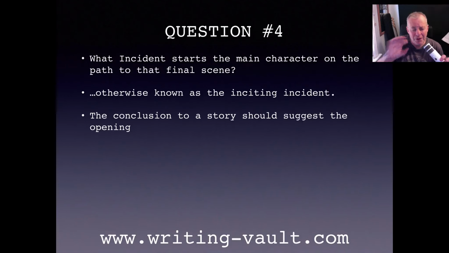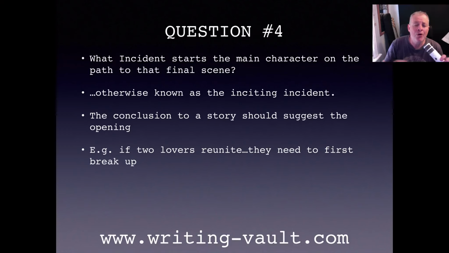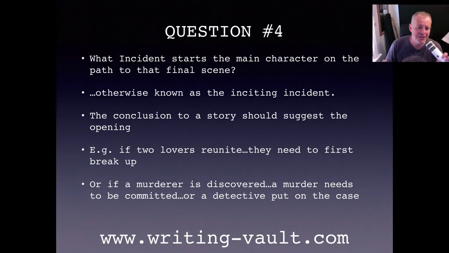So if you've got a conclusion to a story, let's go with a mystery idea, if it's a detective uncovering a killer, then the opening to the story should be the crime being committed or the detective getting involved. Or if the conclusion is 2 lovers reuniting, then the start of the story should be the 2 lovers breaking up.